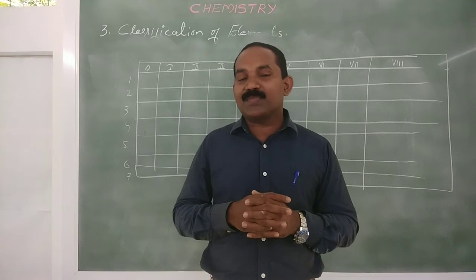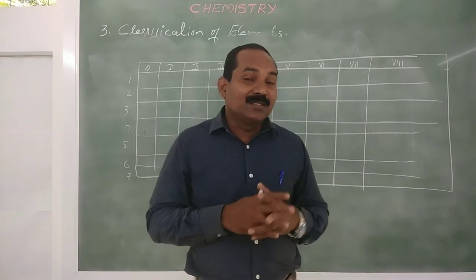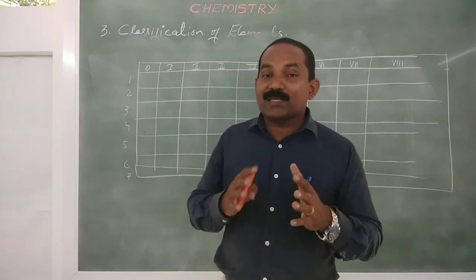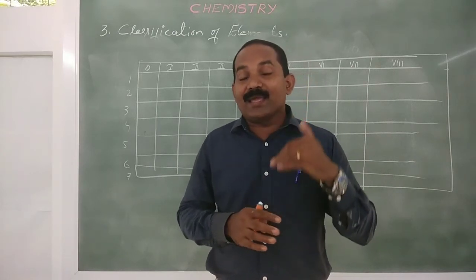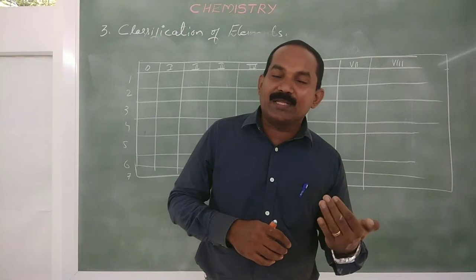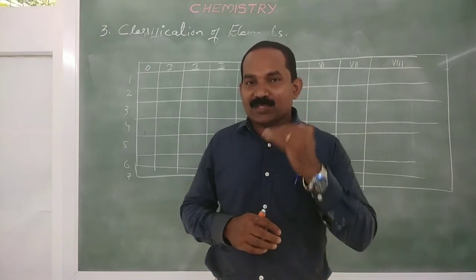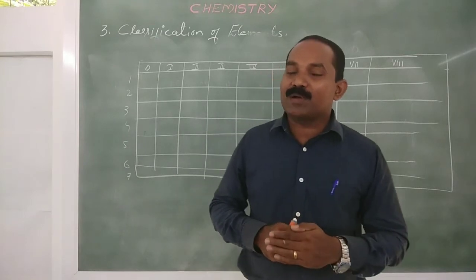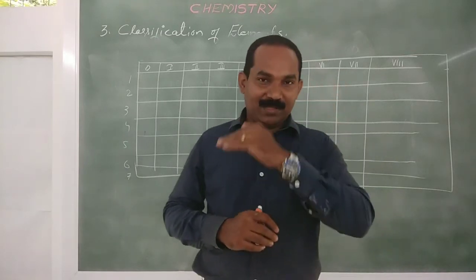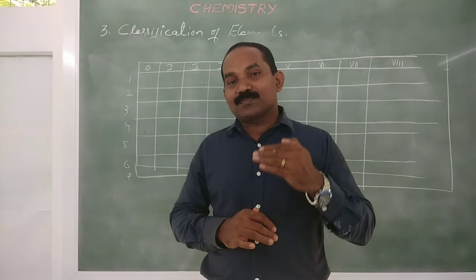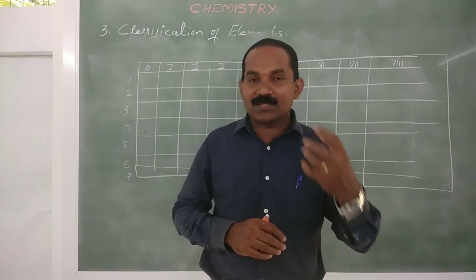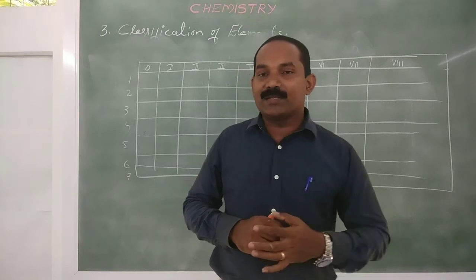For example, in the case of beryllium, the atomic mass was calculated as 13.5 by equivalent weight. But actually the atomic weight of beryllium is 9, as corrected by Mendeleev. So these are the important merits of Dmitri Mendeleev.